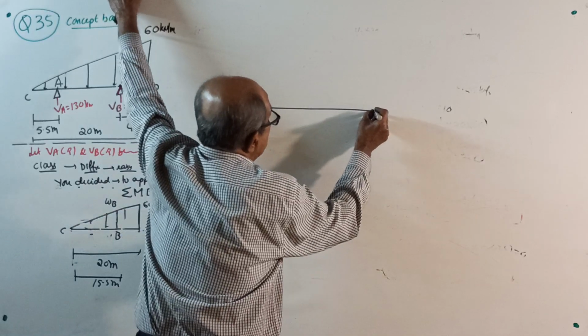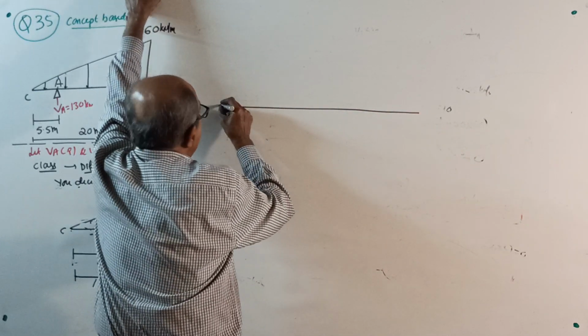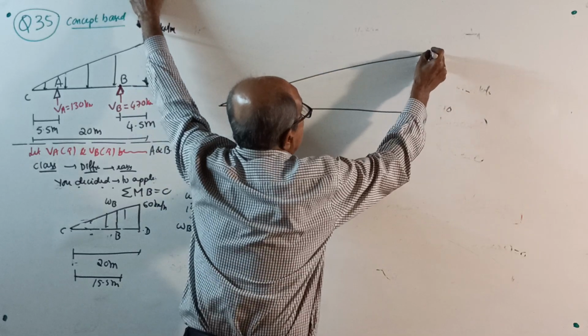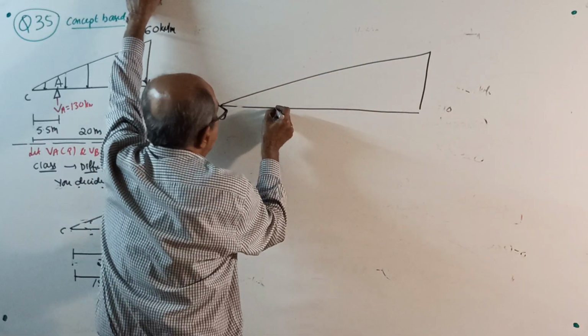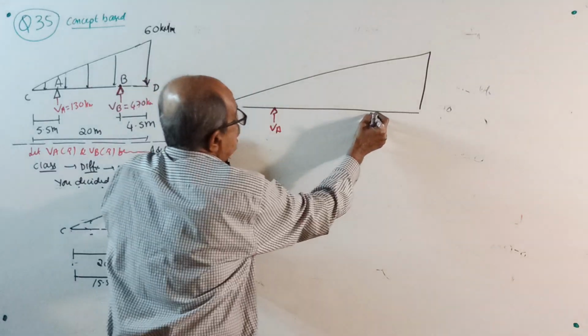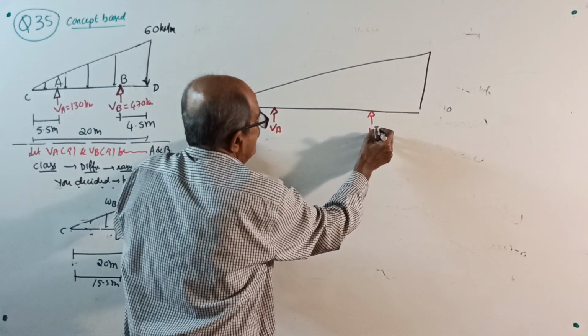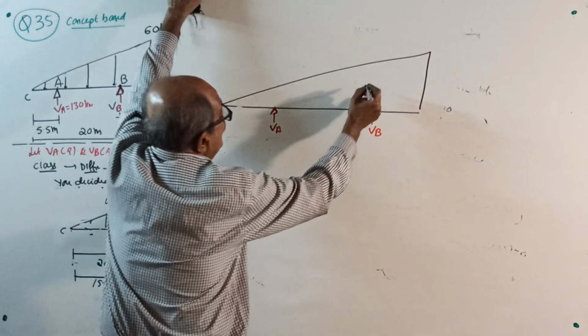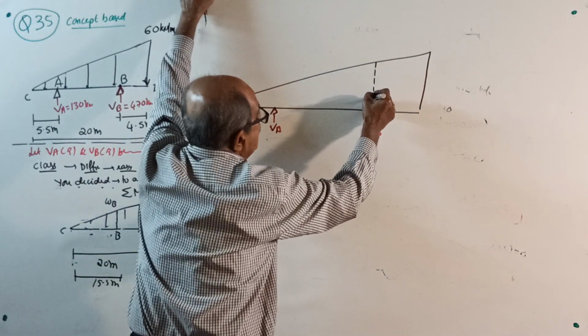Remember, your purpose is to take moment about B. So, this is one reaction here, VA, somewhere here one more reaction, VB. Now, moment about B you are taking.